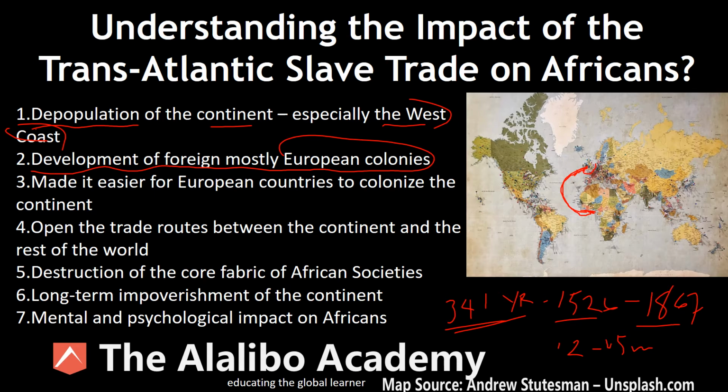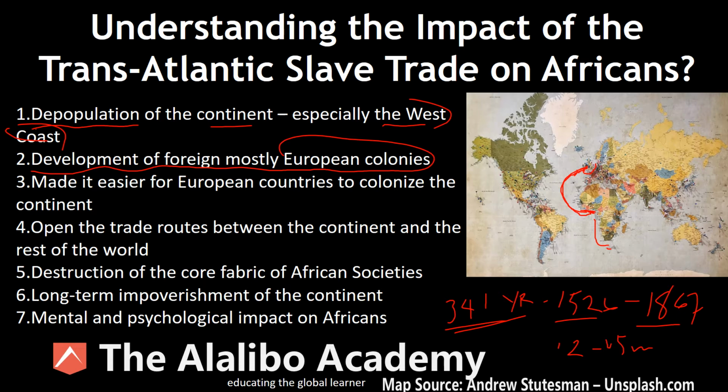You can start from the Gambia, Senegal, Sierra Leone, Liberia wasn't colonized, Guinea, Ivory Coast, Ghana, Togo, Benin Republic, Nigeria, going down to the southern coast of the continent. Most of the countries were colonized. So they were able to establish colonies all over the continent.